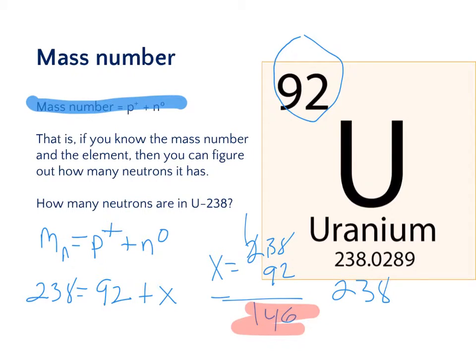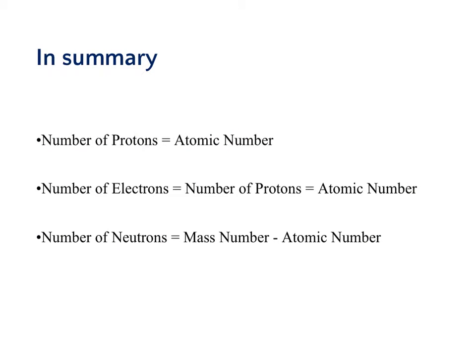Let me show you some examples of how this is going to work on your homework tonight on the next slide. Actually, before I get there, let's talk about a quick summary. The number of protons is the atomic number, and the number of electrons is equal to the number of protons, which is equal to the atomic number. This is kind of a lie, but it's true for elements on the periodic table as they're written.